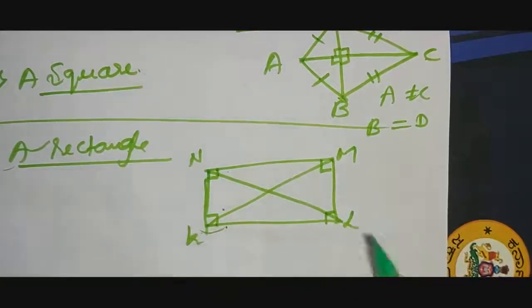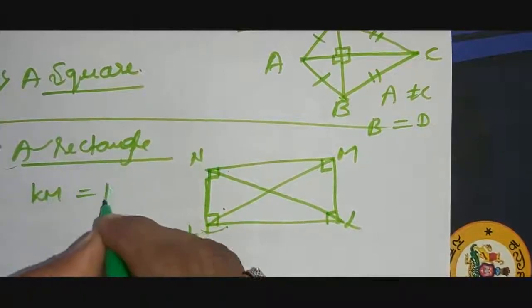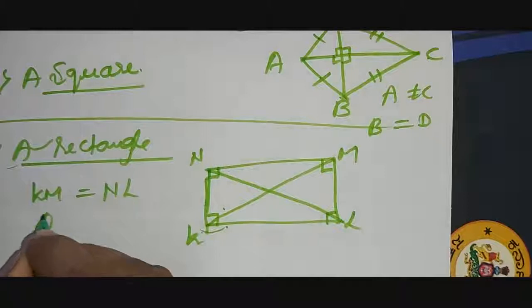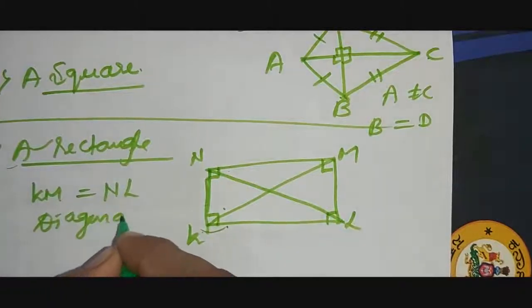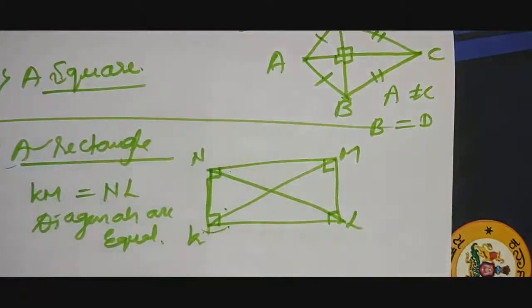KM is equal to NL. Diagonals are equal. Those are the properties you already learned in the previous class, right? I will just recall all those.